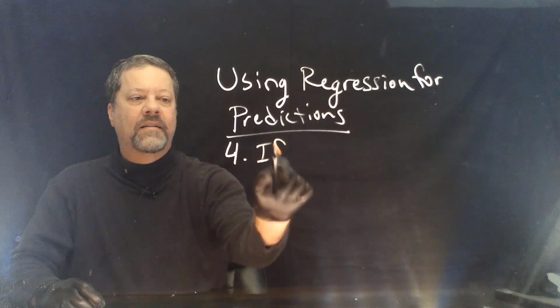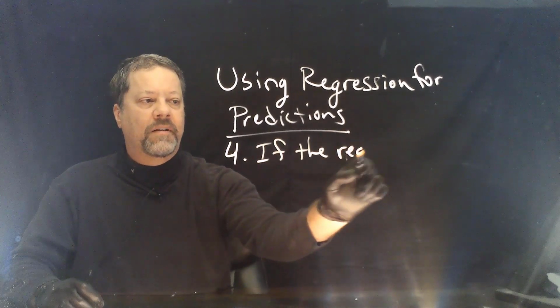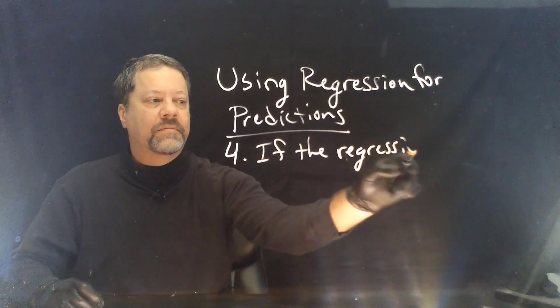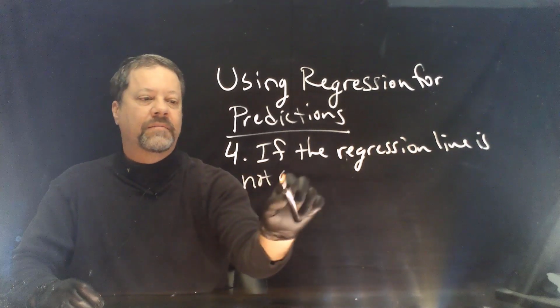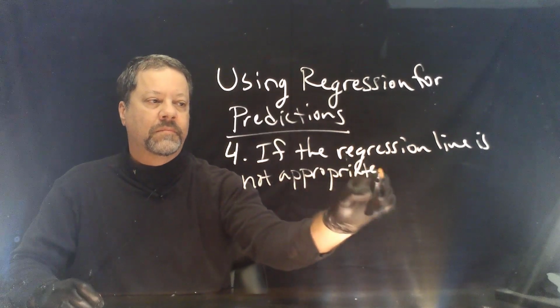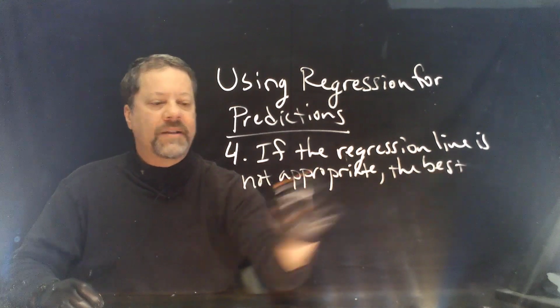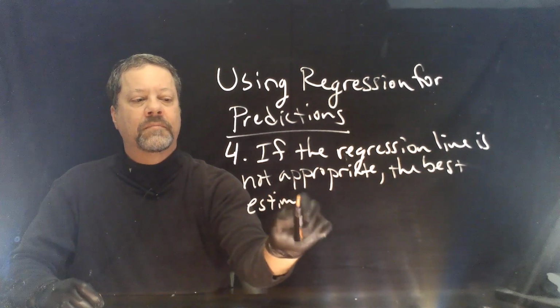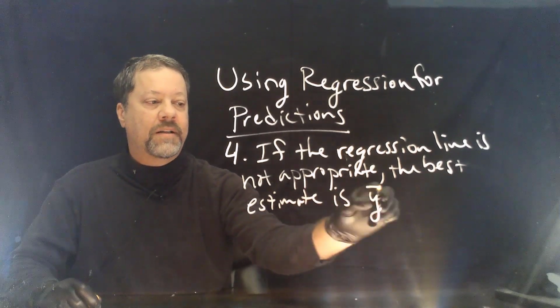Lastly, if the regression line is not appropriate, then the best estimate for prediction is the sample mean.